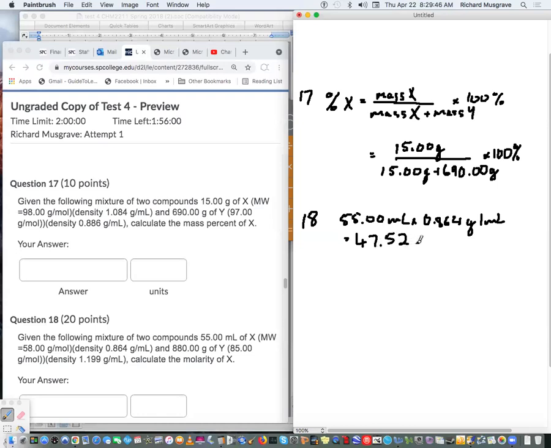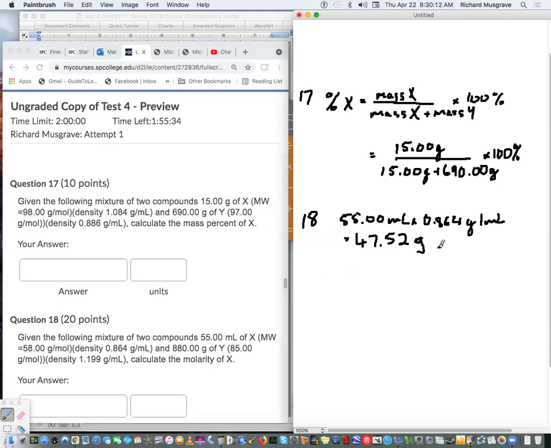I don't know if I'd be inclined too much to worry about the sig figs with these, because these are calculation problems, and generally speaking, you'll probably just keep all the significant figures until the very end, because that's the way that this thing actually does the calculations. So I'm not that worried about sig figs on these.